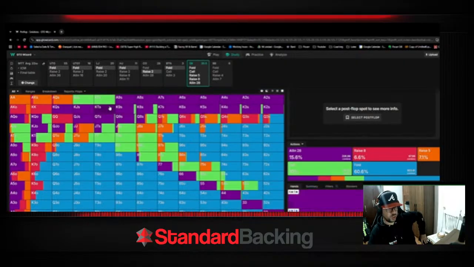The small blind is shoving a lot, like king six, king five, king four, king three, king two. He's shoving all these hands, he's bluffing all of them, and he's bluffing the king suited low. So when you hear players saying that ICM is for poor people, probably they are never shoving 28 blinds with king deuce suited.